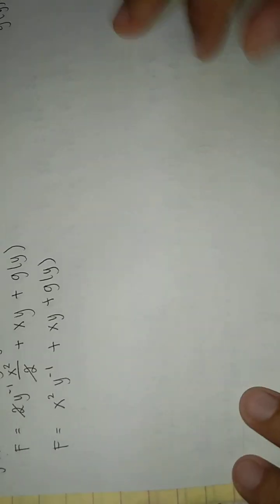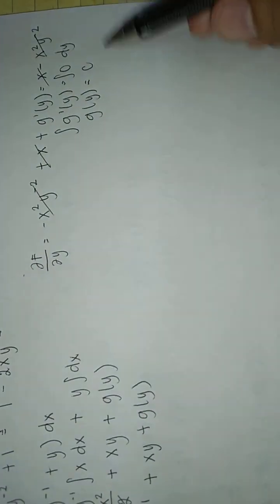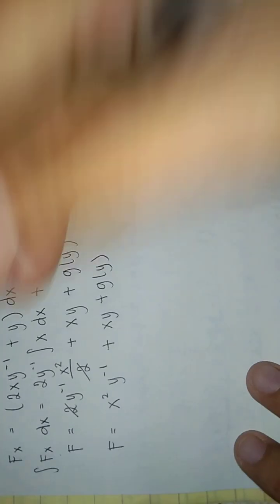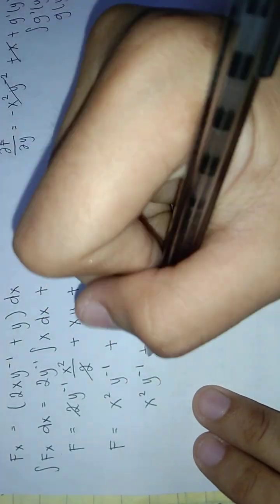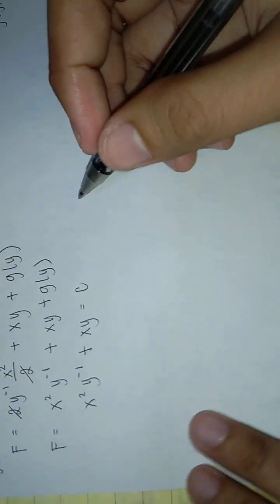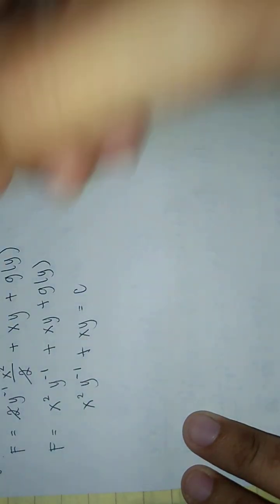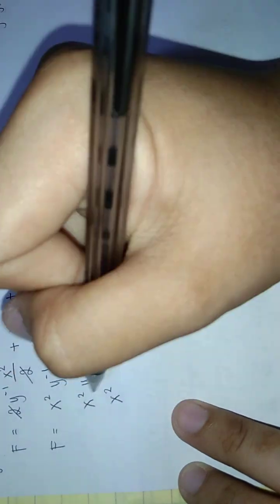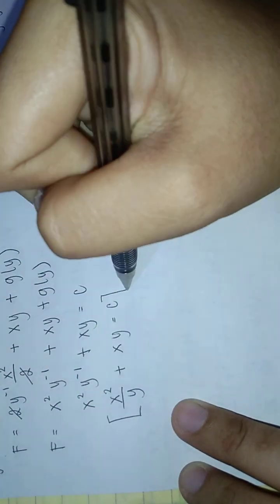Then to get the final answer, copy the function, this one. Then substitute this g of y with this one. So we'll now have x squared y raised to negative 1 plus xy plus c or equal to c. Now, let's bring this y down so the degree can be positive. Then we'll have, multiply both sides by y.